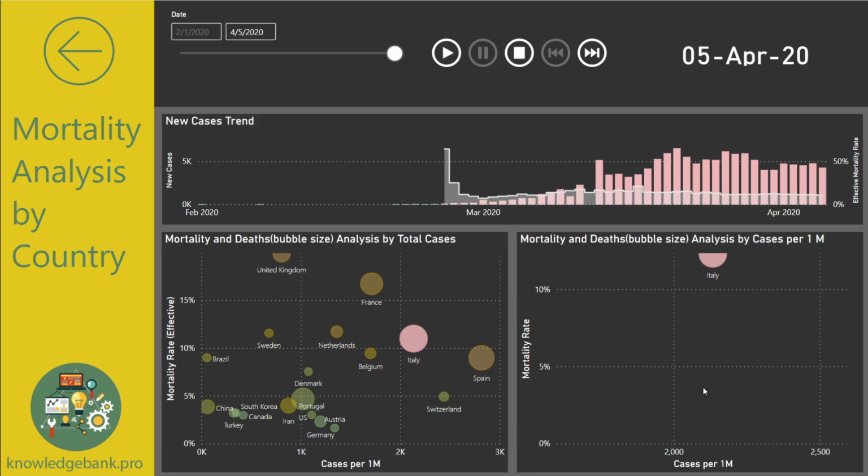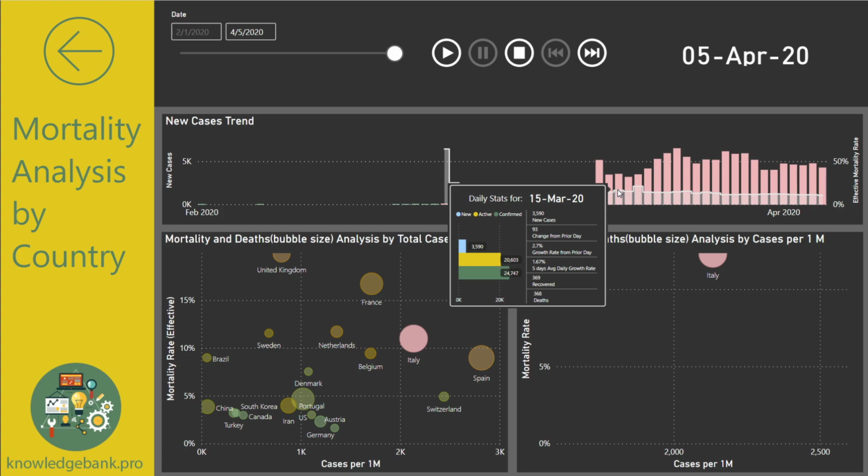There are some ideas and opinions that the reason we have such high mortality in Italy is because of pollution in the air, population demographics, and so forth. But I think it's notable that effective mortality stays flat, even though initially all the reports were saying that we have a spike in mortality because the system is being overrun.